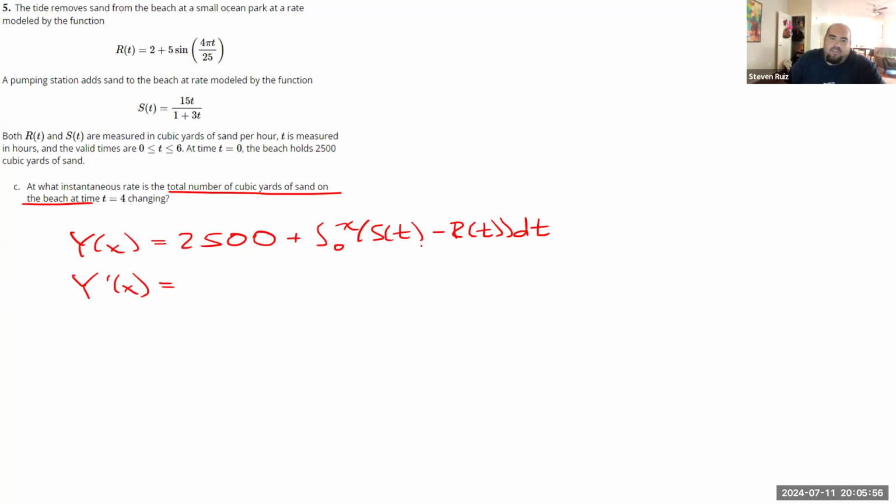So let's invoke the fundamental theorem of calculus here. I know that s and r are both continuous functions, which means they have integrals. Let's give names to the antiderivatives of these functions.